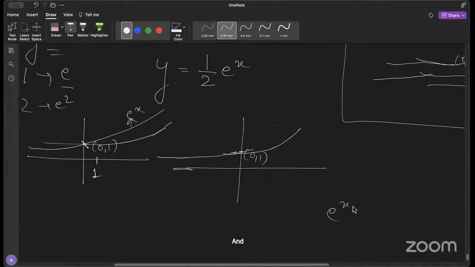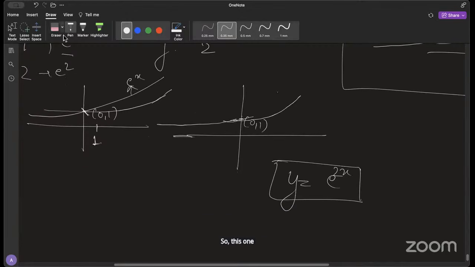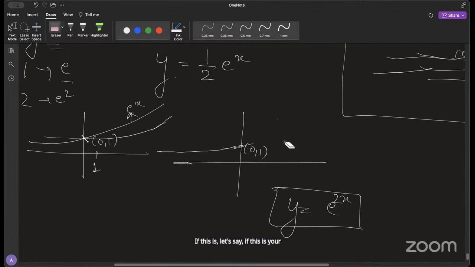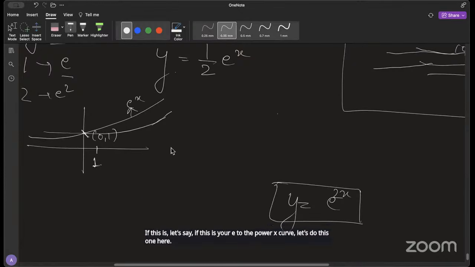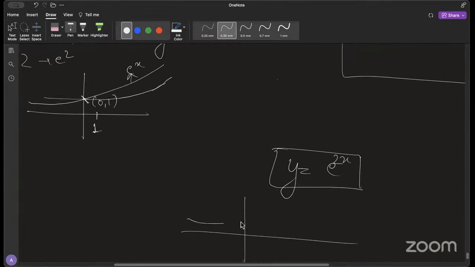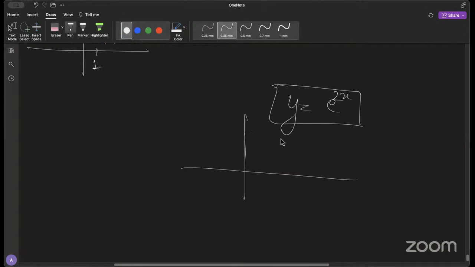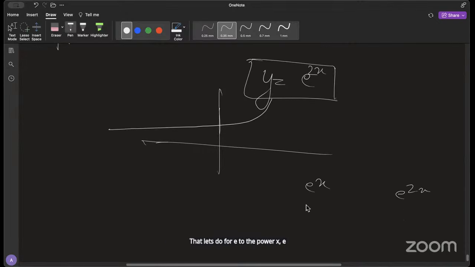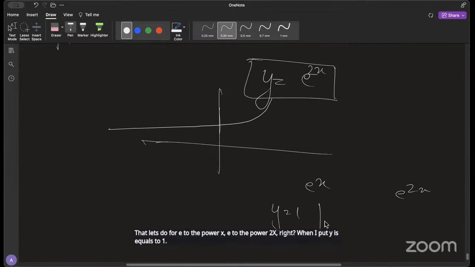And for e to the power x, this one, right? Yes, ma'am. So if this is your e to the power x curve, let's do e to the power 2x in comparison to it.